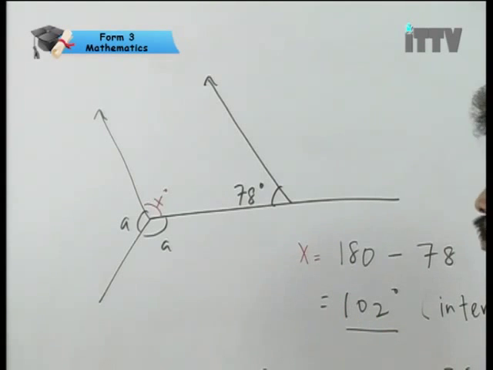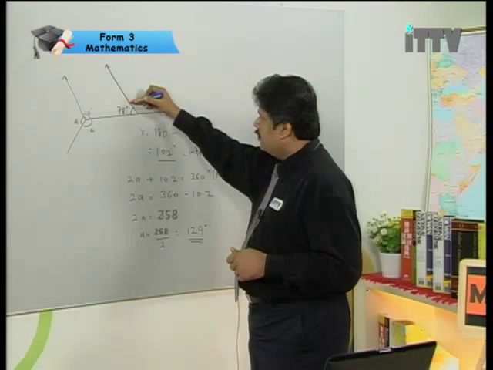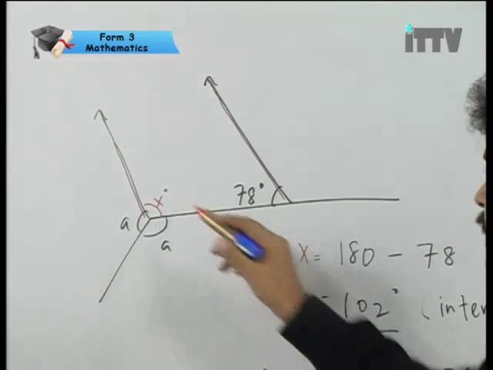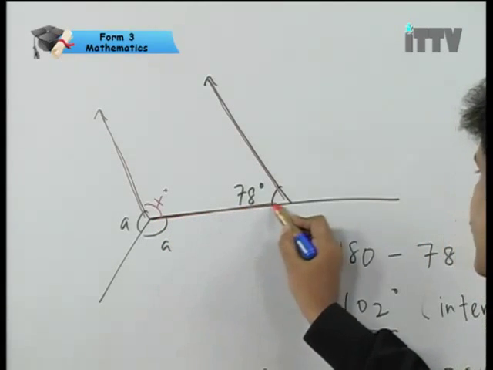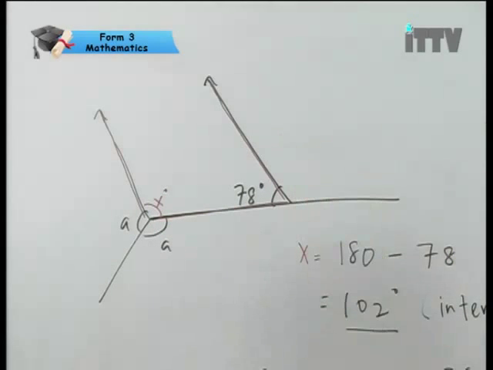How do I know, or how do I find the value of X? If you look closely, we have two parallel lines, one on my right and the other on my left. In order for me to create or find the value of X, I just draw this line across and I can see that this is a U-shaped diagram.